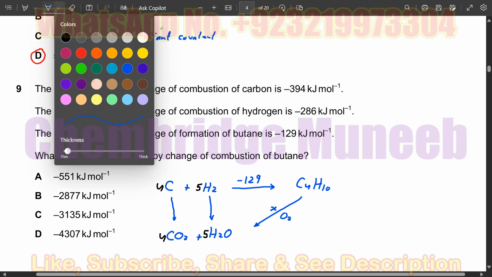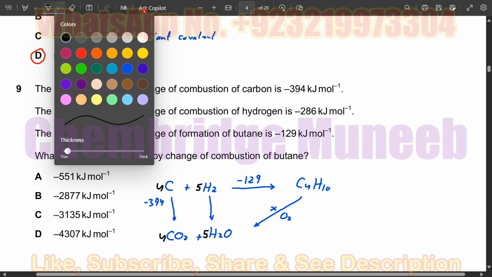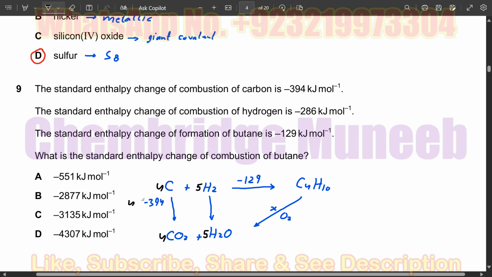The value for the enthalpy of combustion is given, which is minus 394. Minus 394 is given for 1 mole. So for 4 moles, I have to multiply this value by 4: 4 multiplied by minus 394 will be minus 1576.